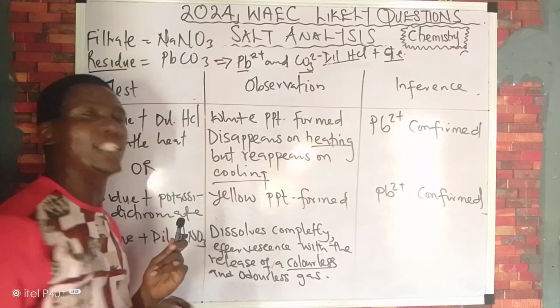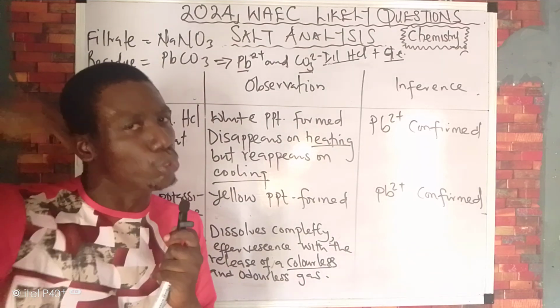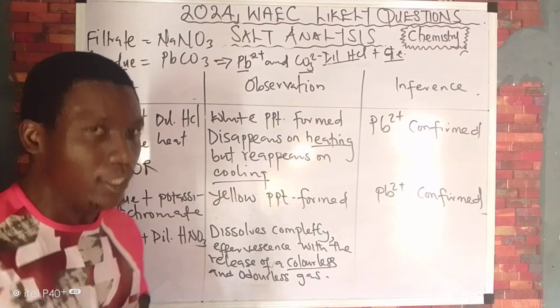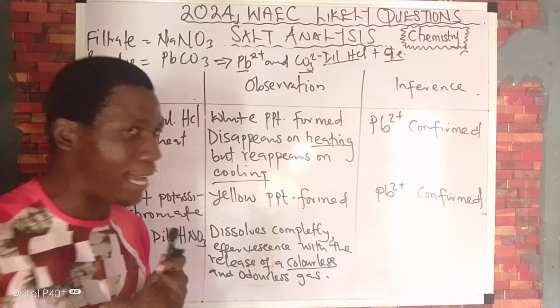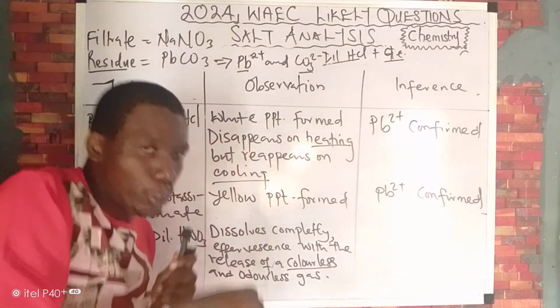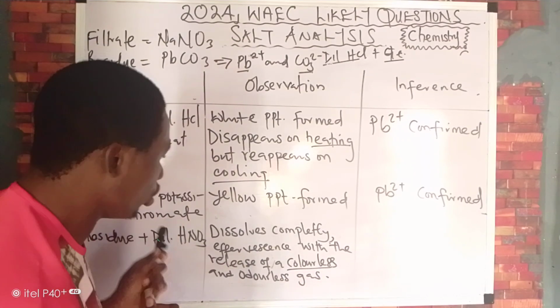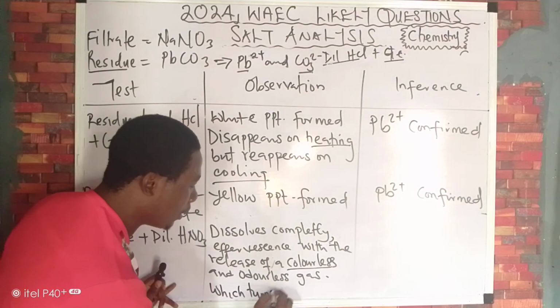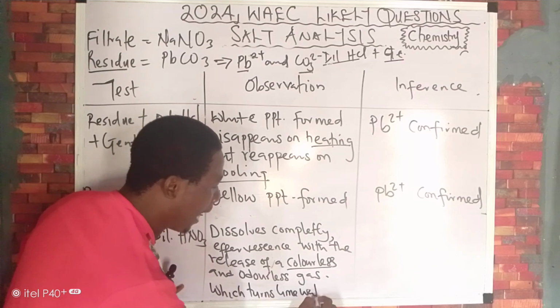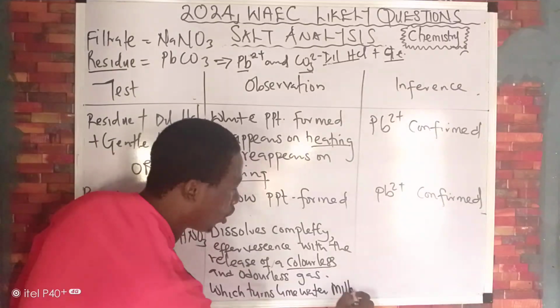Now, by the time a gas is colorless or odorless, you begin to suspect various gases, most especially CO2. And if you suspect it is CO2, it is expedient to test it with lime water. So you will simply say it turns lime water milky. Take note of that.